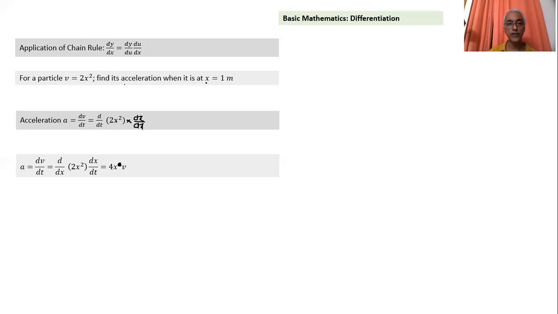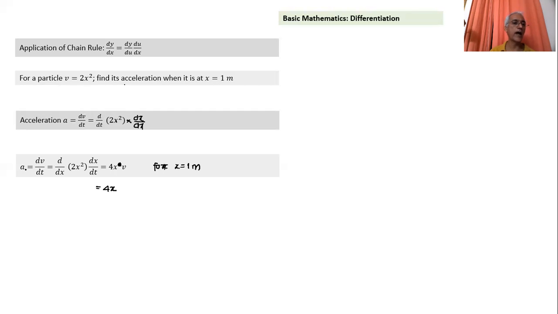But we need to find the acceleration when x is equal to 1 meter. For x is equal to 1 meter, I will substitute 1 meter here. But what is the velocity when x is equal to 1? So we also need to find that.